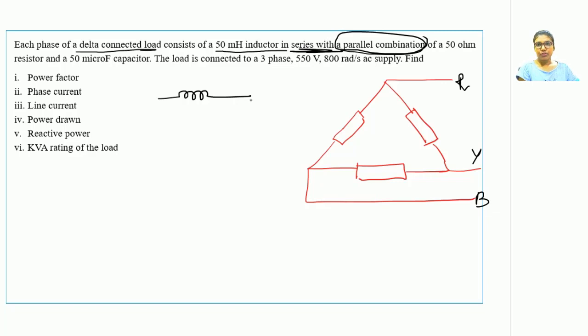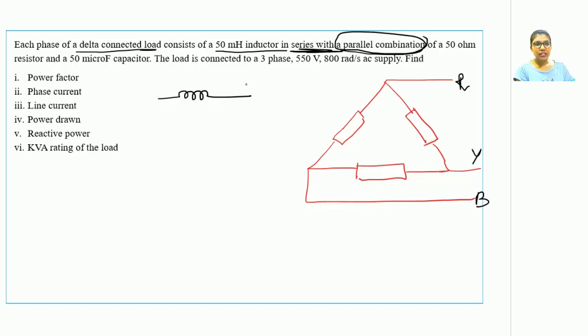Now the load impedance for this given question is a combination circuit comprising of a series as well as a parallel connection, and one has to be very careful while representing these types of elements in the circuit. Often students commit mistakes in these places.